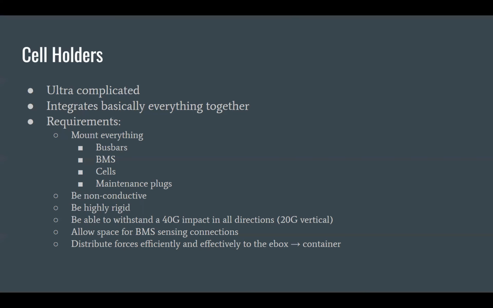Since we hadn't designed the container when we designed these segments, we ran into a big disjoint where we were effectively transferring forces from the cell holders to the boxes and then to the wall of the container, but the container wasn't effectively transferring force to its mounts. Then we had to do a whole shakeup at the last second where we redesigned all the container mounts. So it's important to always think about how you're transferring all these forces through the whole pipeline down to the frame.